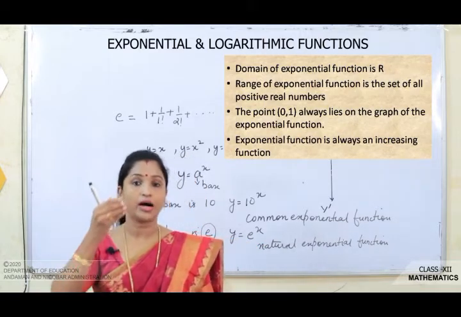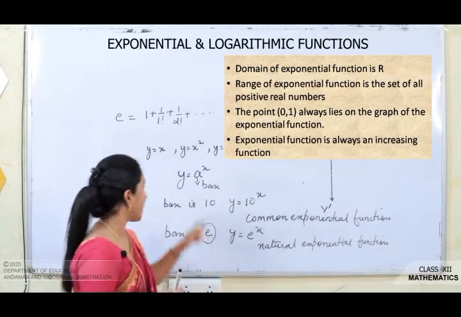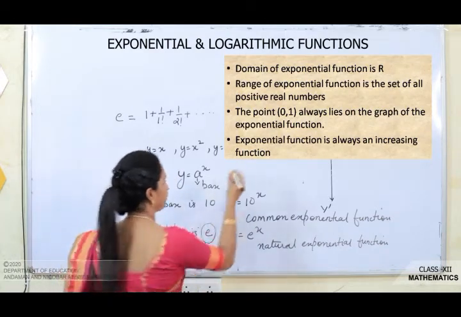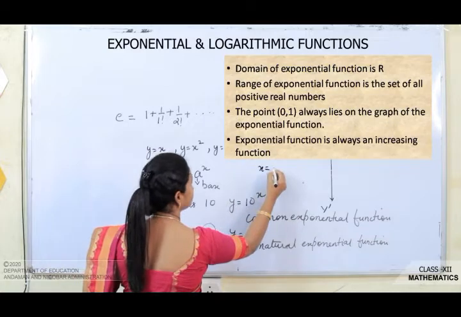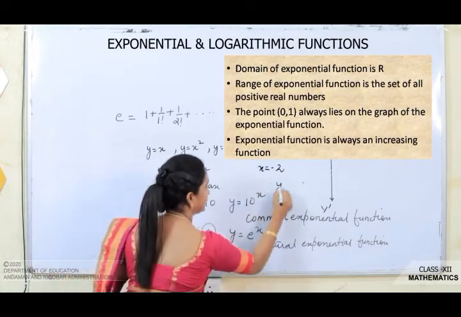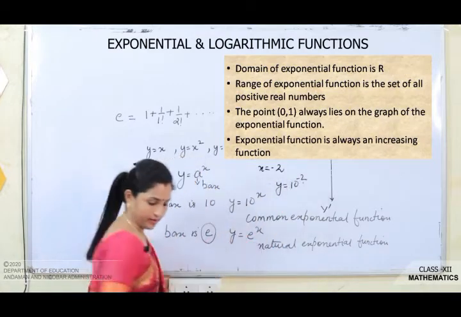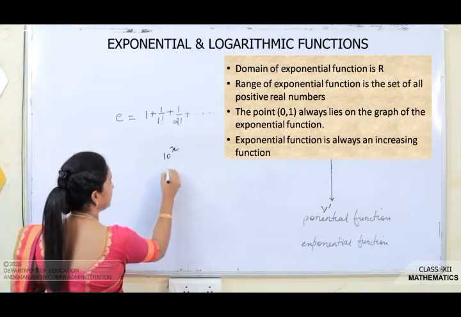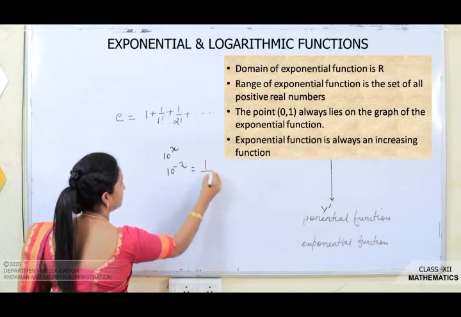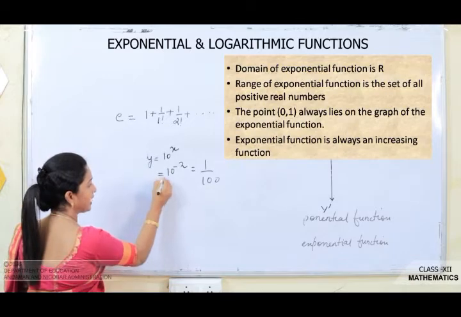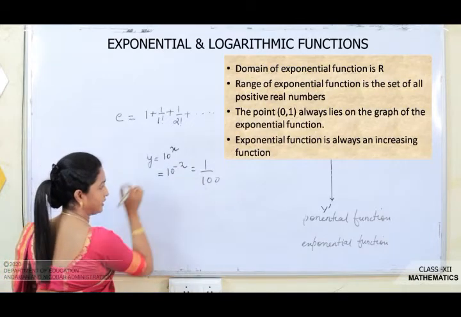But when we talk about the range, you can say that the range is always positive, because suppose you take x is equal to -2. You are taking y is equal to 10 to the power x and the value of x as -2.